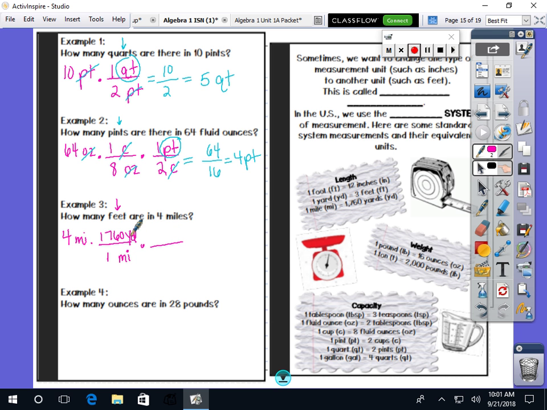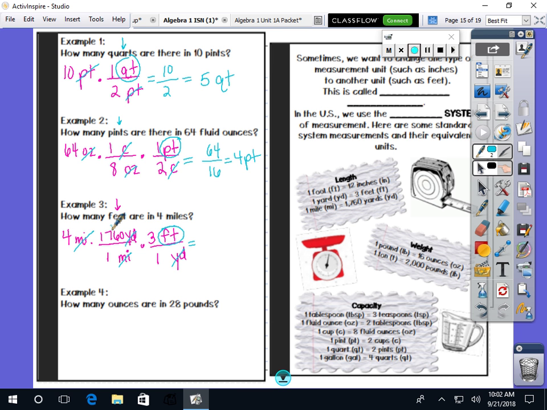Since yards is in the top, yards goes in the bottom. What do we know about yards? 1 yard equals 3 feet. Okay, now we've made it to feet. That was our goal, so we can stop the chain because we've made it to the unit where we want to be. Miles and miles cancel each other out, so do yards and yards. Now we're just going to multiply straight across.